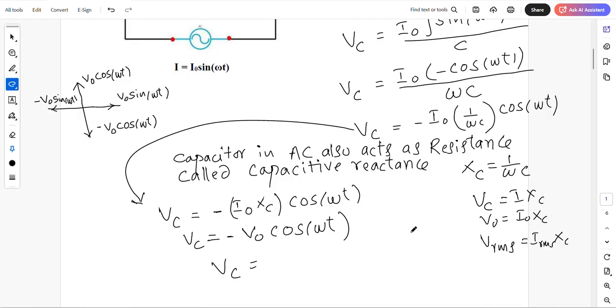Now here, for example, if this is current I, given by I is equal to I naught sin omega t, that is the reference, where Vc will be downwards.